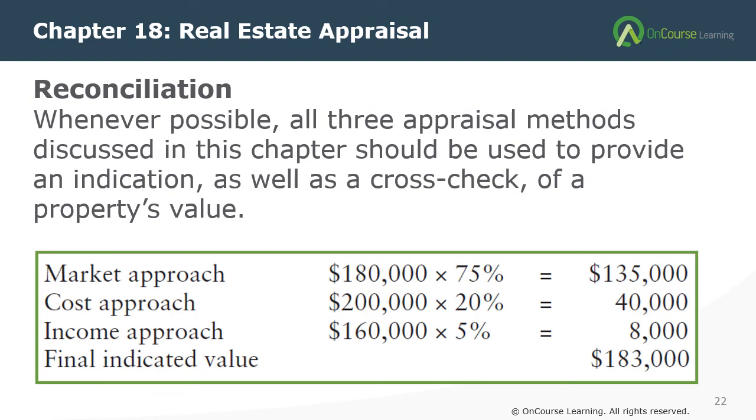And he had very little confidence in the income approach for this value. So hence reconciliation is deriving one value from a series of value or estimates of value, and it's using a weighted approach. And in this case, we come up with a final indicated value.